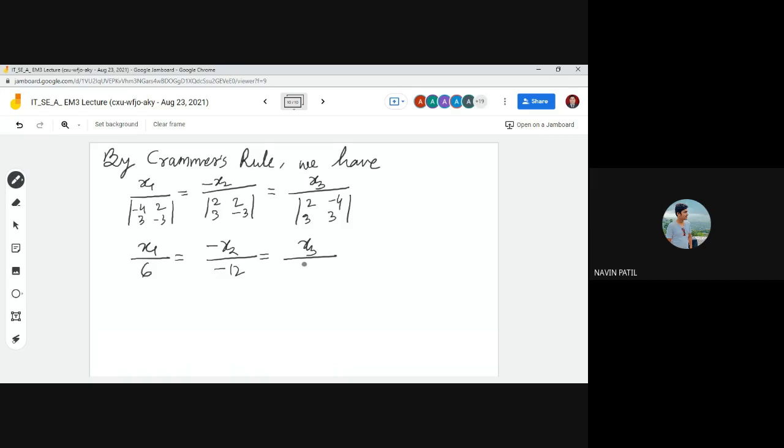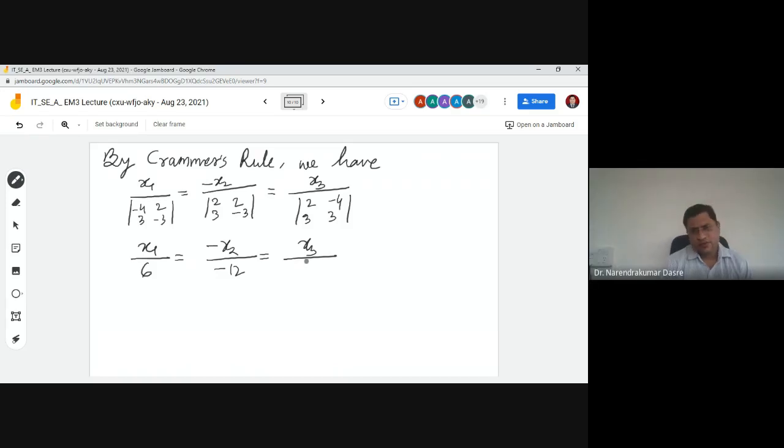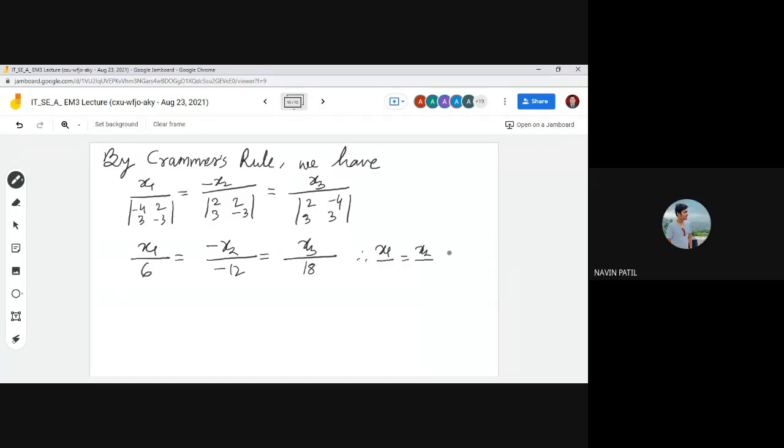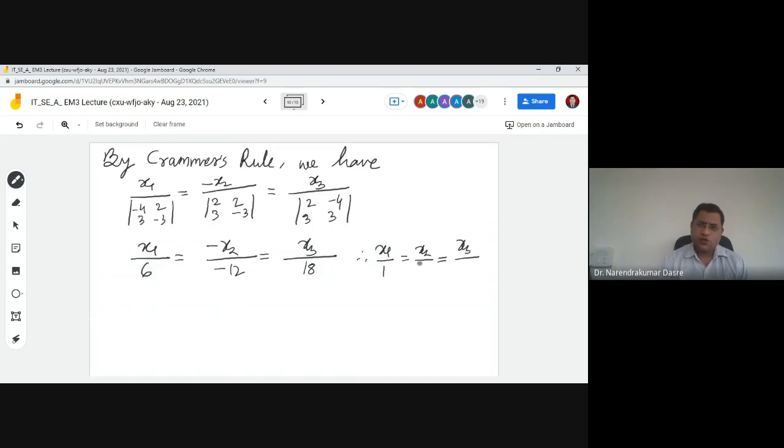Plus 18, minus 18, plus 18. So do you find anything common that you can cancel? 6, you can cancel, no? So it will be 1, 1, 2, and 3. Simple. Okay, and hence what you got is the third eigenvector is what?